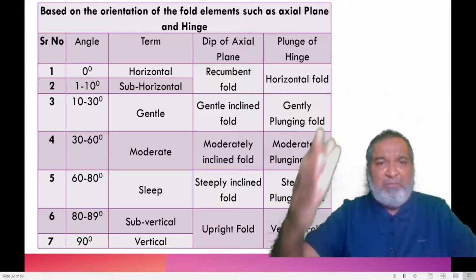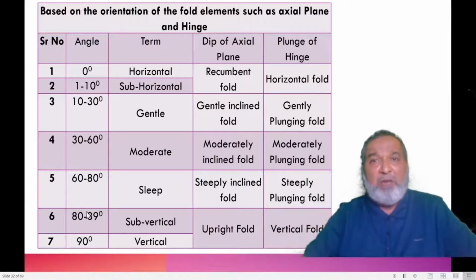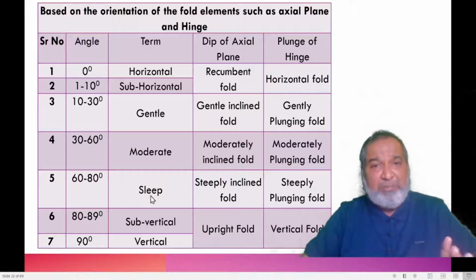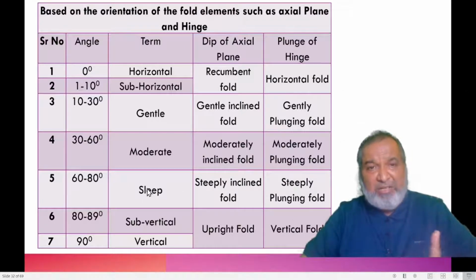Again, the same degrees, and what will be the name? 0 degree, horizontal, we call the horizontal fold or horizontal hinge. 0 to 10 degrees, sub-horizontal. 10 to 30 degrees, it will be a gently inclined fold or gently plunging fold. 30 to 60 degrees, it is a moderately inclined fold or moderately plunging fold. 60 to 80 degrees, it is called steep.